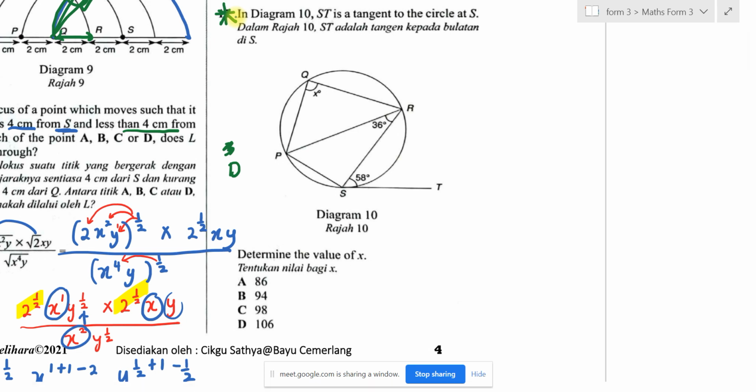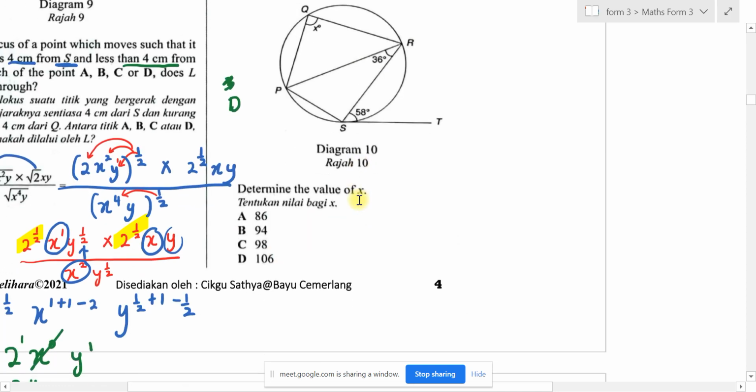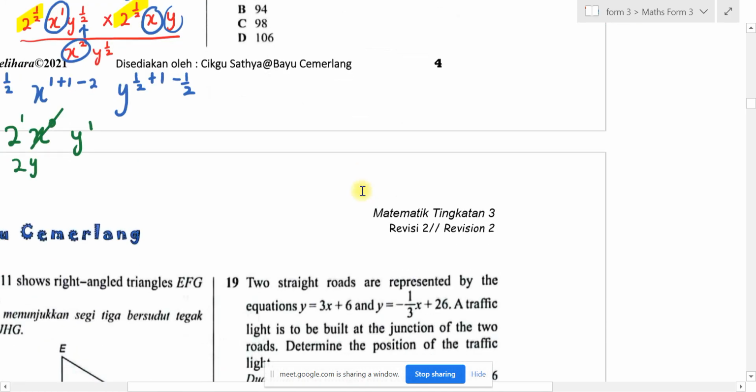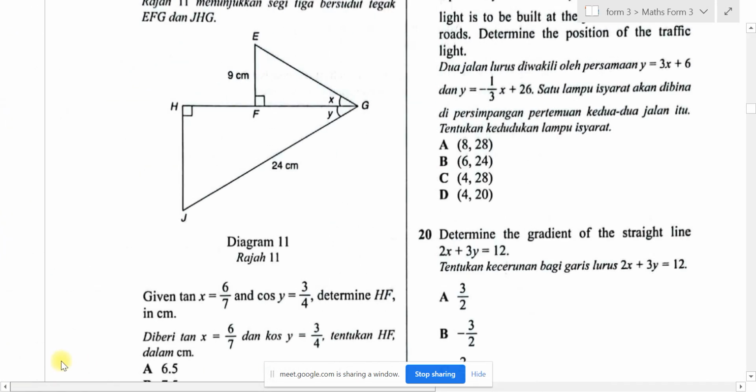The least they can do is label the center or give us the diameter, but they never give anything. So it's not a good question. Anyway, I'll try to find another way. We go to question 18 now.